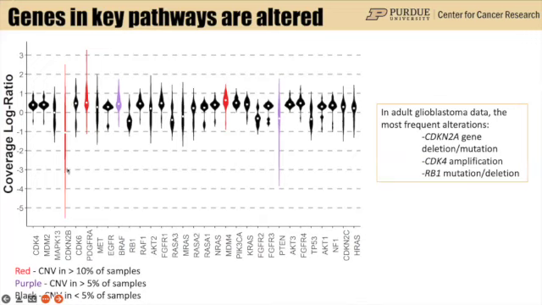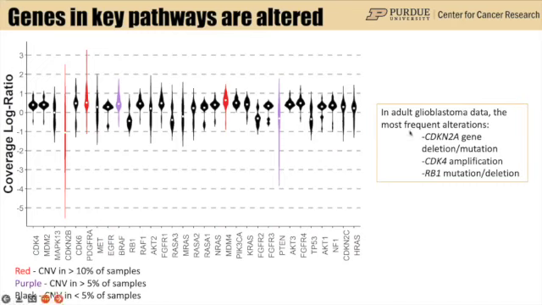So red shows those genes that have a copy number variation seen in over 10% of the samples. And purple shows those that have copy number variations in over 5% of the samples. And then black shows those that are in under 5% of the samples.